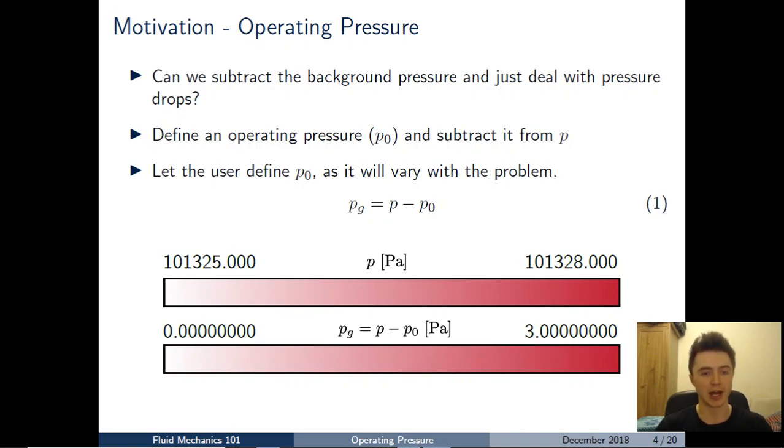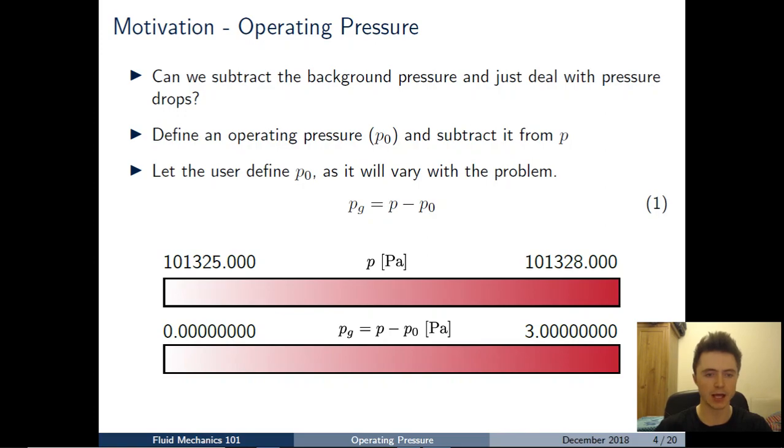At the low end we've got atmospheric pressure, 101,325, and then perhaps with a small pressure change in the domain, the maximum that you may see in your contours would be 101,328.